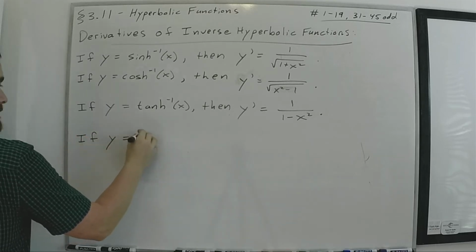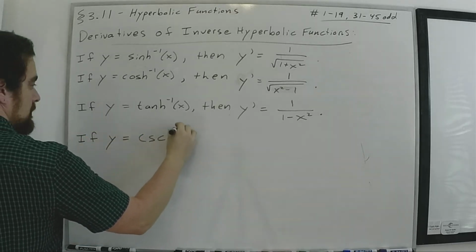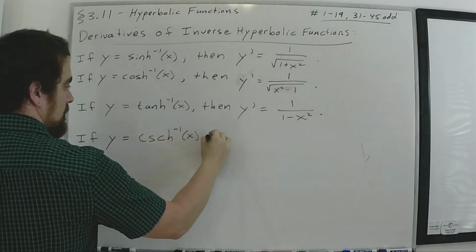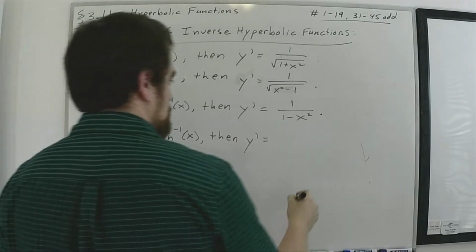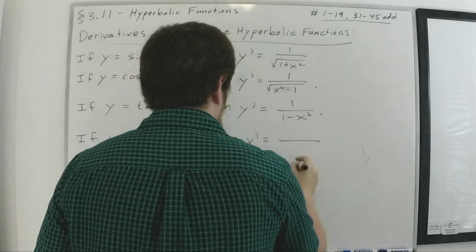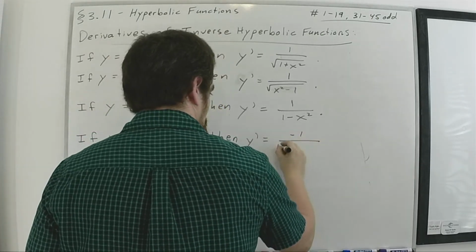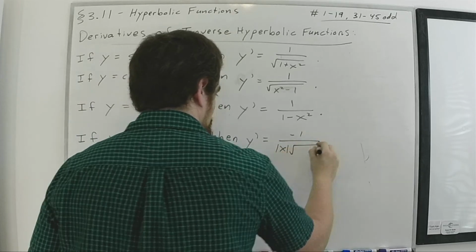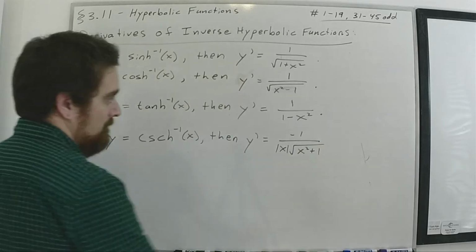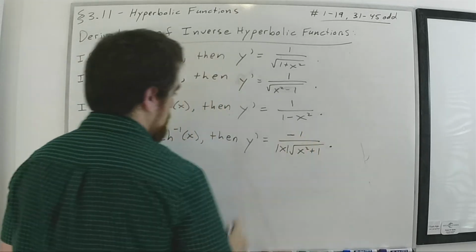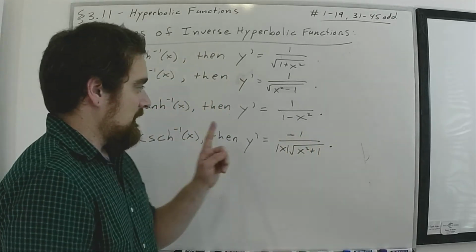If y is cosecant hyperbolic inverse of x, then y prime is, this one's a little weird, there's actually going to be a negative 1 over the absolute value of x times the square root of x squared plus 1. I can tell you that I have probably never used that.